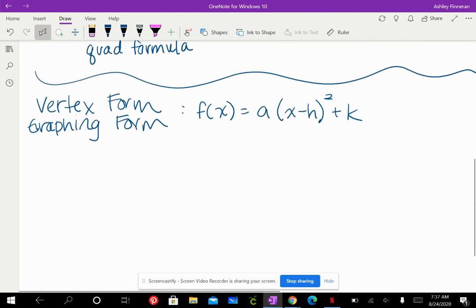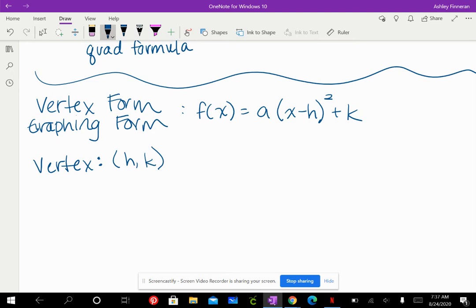In this form, a does all of the same things, which is kind of nice. So everything we talked about before, a still does. The vertex is very easy to see, hence the name vertex form. It is (h, k). Notice, though, that because this is subtraction right here, whatever number goes right here is the opposite of what you see here.